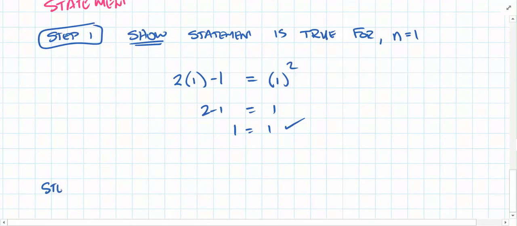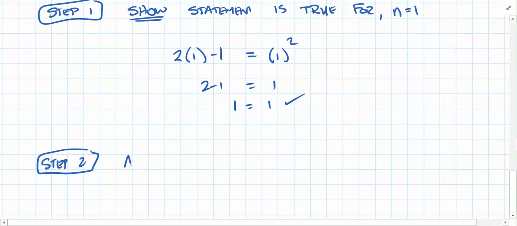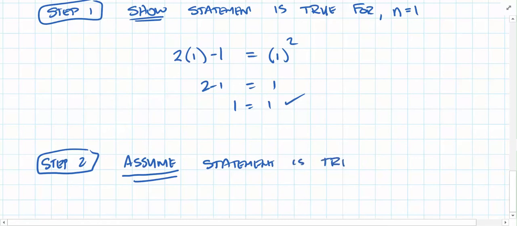All right, step number 2. You have to do this. You have to take a leap of faith and assume your statement is true for some k term in the sequence.